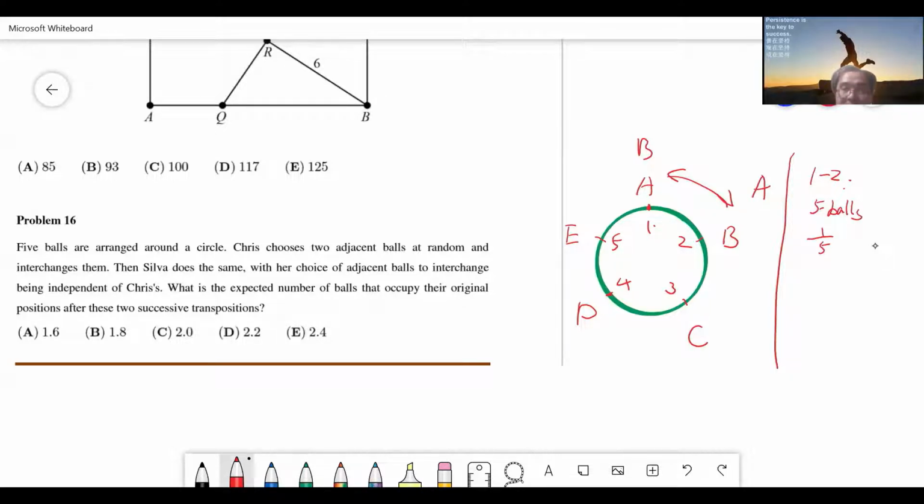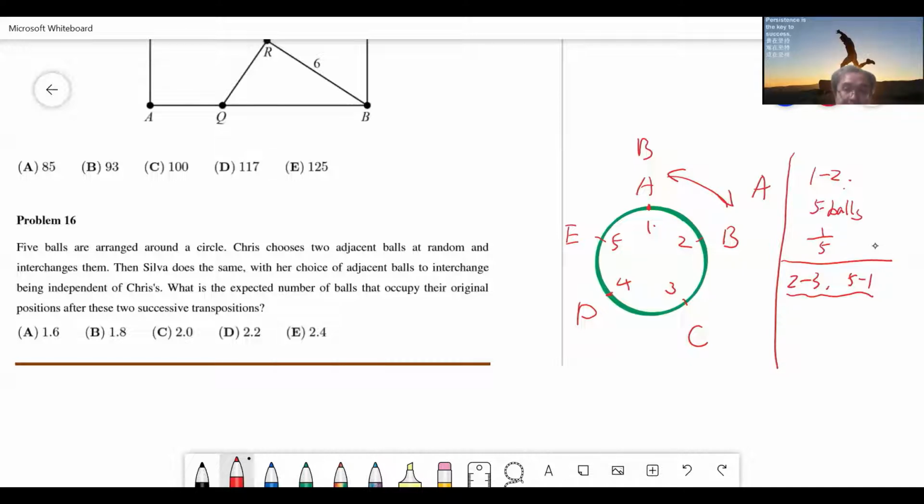So then we look at the second case. Silva is going to do 2, 3, or 5, 1. In this case, there are only 2 balls that remain in the original position, right? Let's say Chris does 1, 2, then Silva does 2, 3, then 5 and 4 remain in the original position.